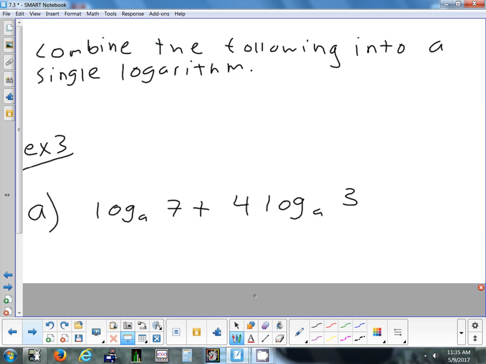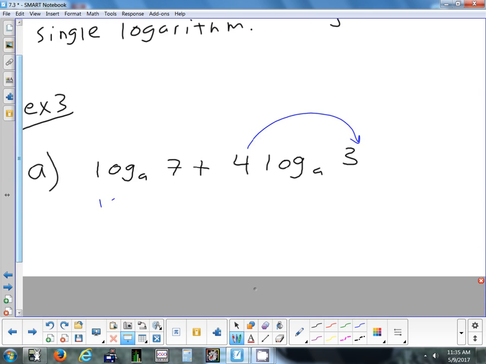Reverse everything. So we have a 4 in front. Where would that 4 have been if it moved down from the front? Dave? The exponent of 3. It would have been an exponent on the 3. So put it back. That's the first step: log base A of 7 plus log base A of 3 to the 4th.